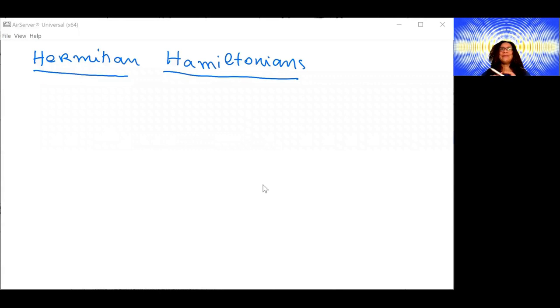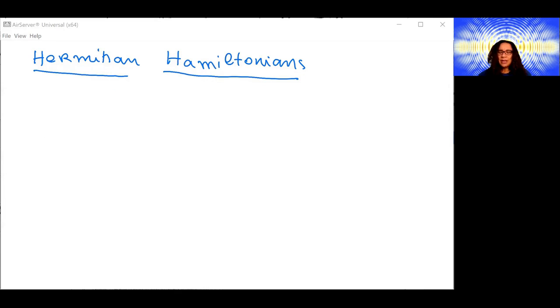So what we're going to do now is we're going to talk about a very important type of operators, and in particular Hamiltonians in quantum mechanics, which are the Hermitian Hamiltonians.